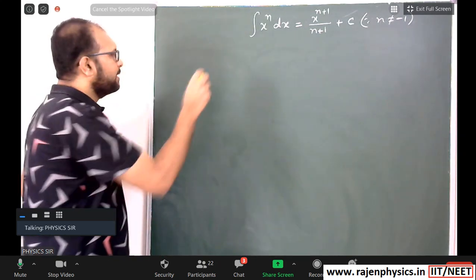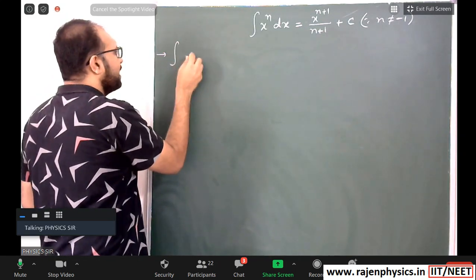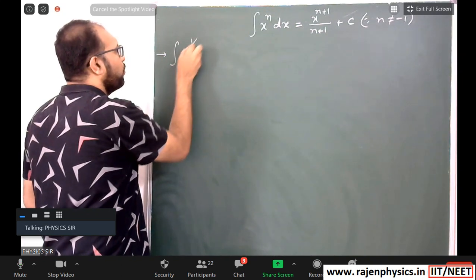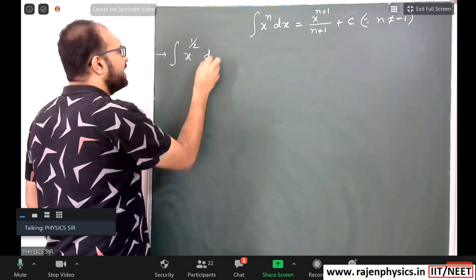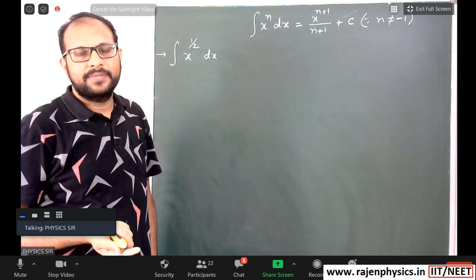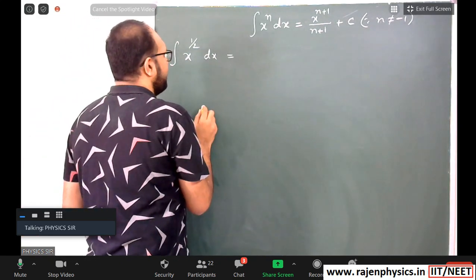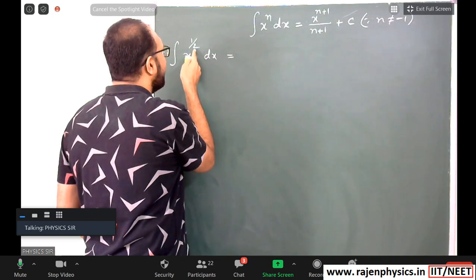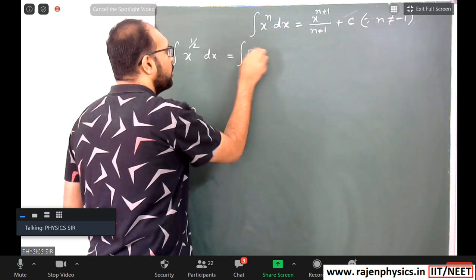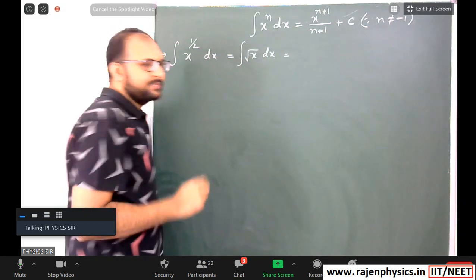Yes, now suppose integral x to the power of 1 by 2 dx, indirectly I am calculating integral root x dx. 1 by 2 means root x. So this is the problem: x to the power of 1 by 2 means root x dx, integral root x dx, suppose the examiner asked.